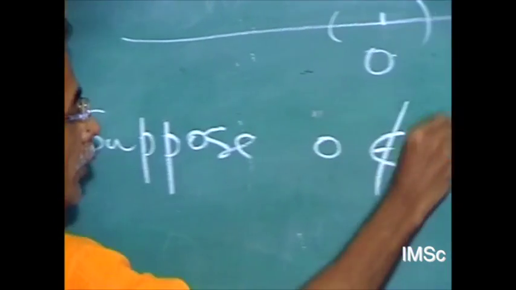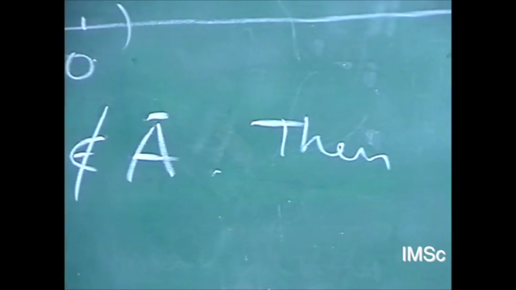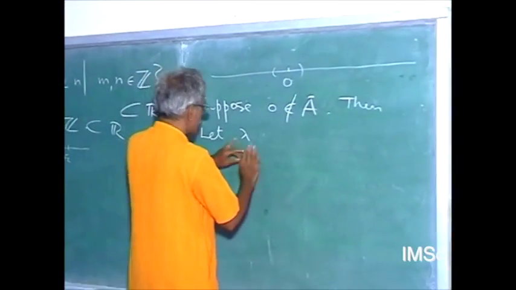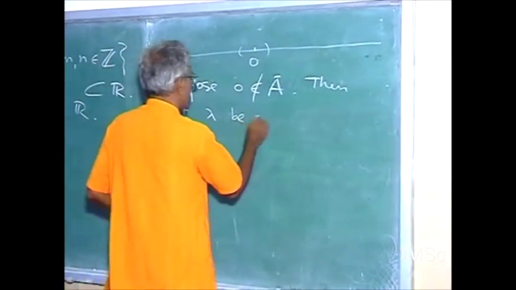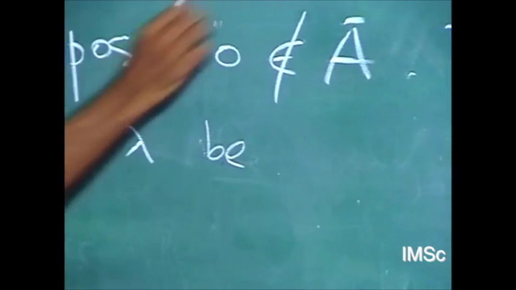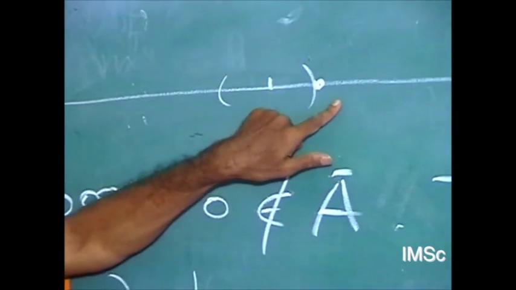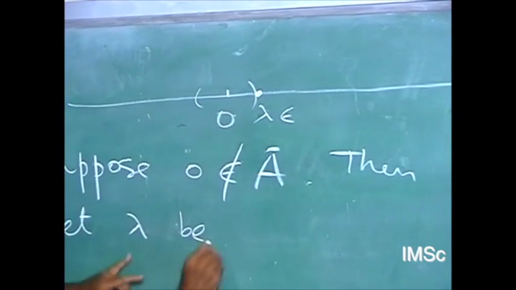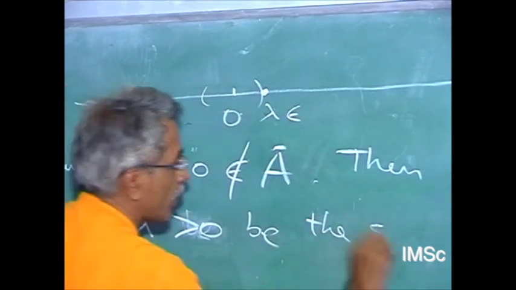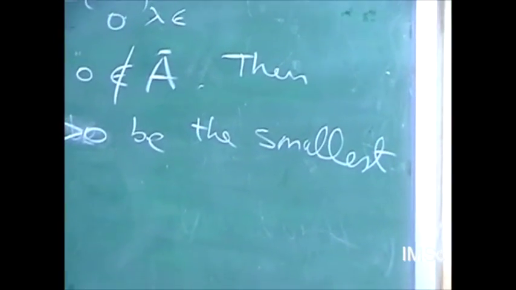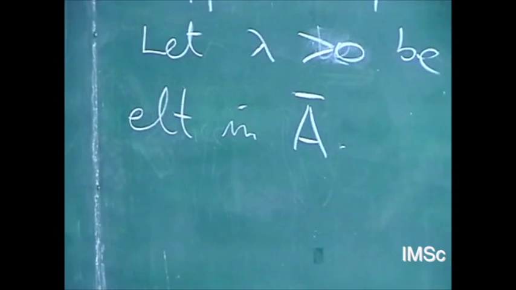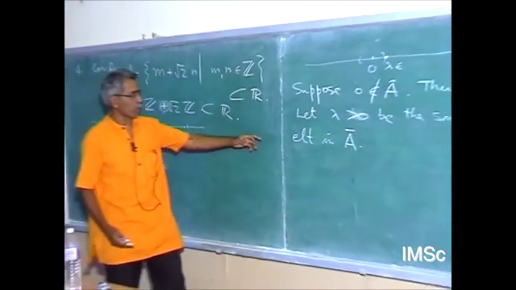So suppose 0 is not in the closure of A minus 0, then there is a smallest positive element. Let lambda be the smallest positive element in the closure of A. The closure of A will have to contain some positive elements and also some negative elements, because the group contains positive and negative numbers, so it will have to contain some smallest positive element.